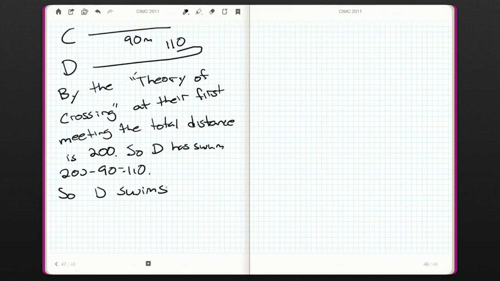So knowing how far D has swum in a certain time it took C to swim a given length, we can figure out the ratio of their speeds. All right, and that immediately popped out from our theory of crossing.